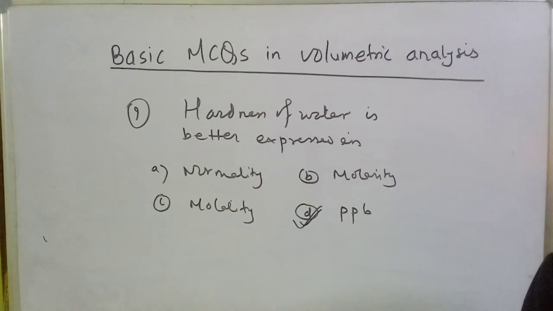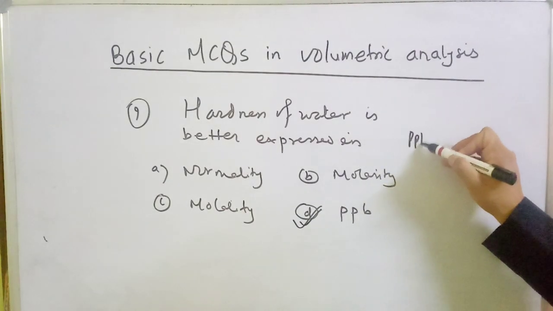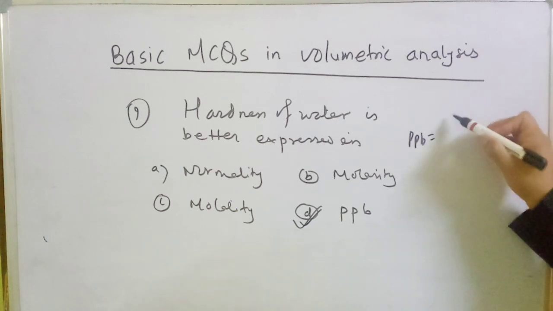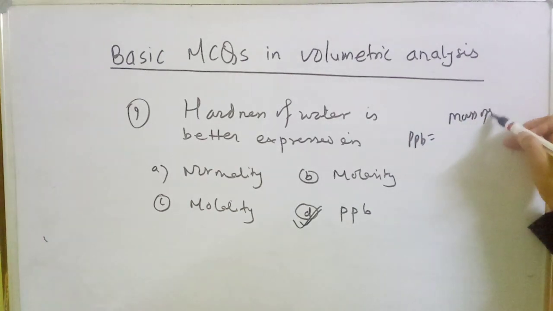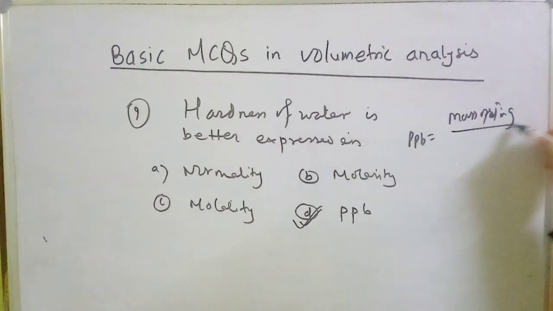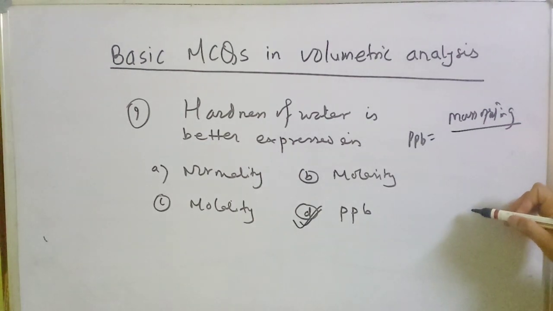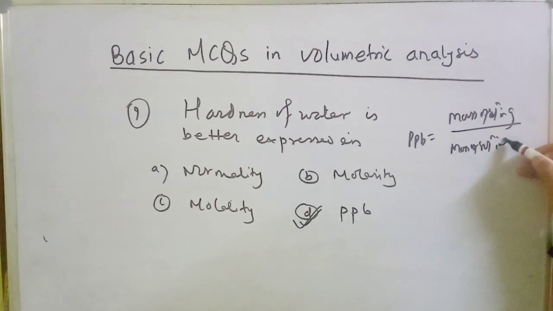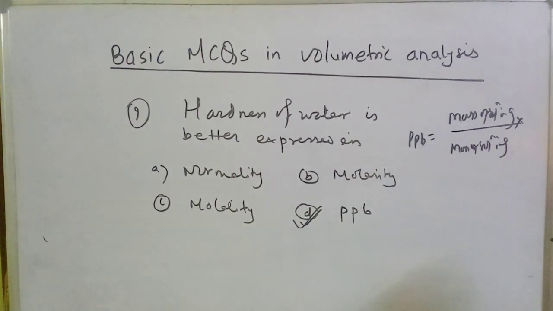The ppb is the way to express concentration like this: ppb, parts per billion, equals mass of solute in gram divided by mass of solution in gram, times 10 to the power 9.